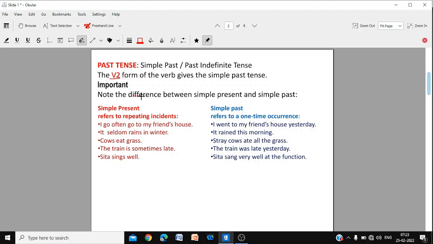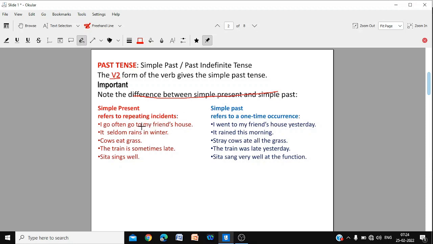The simple present or present indefinite refers to repeating incidents, and the simple past or past indefinite refers to a one-time occurrence.